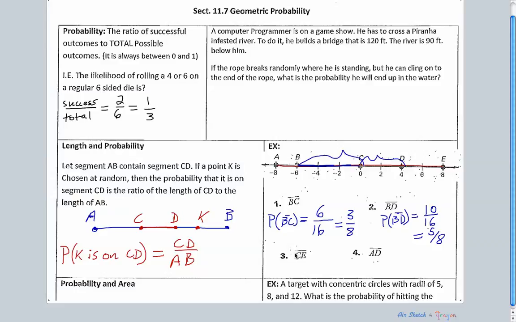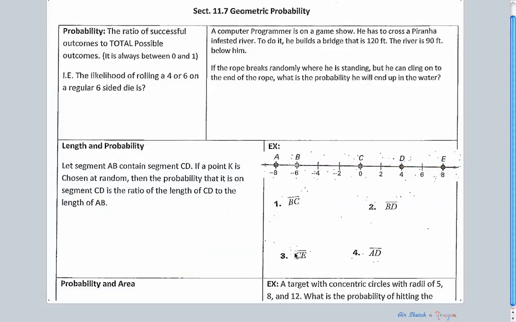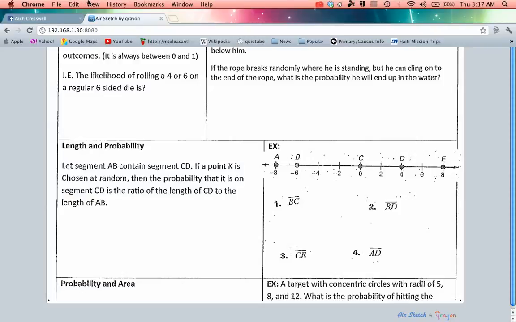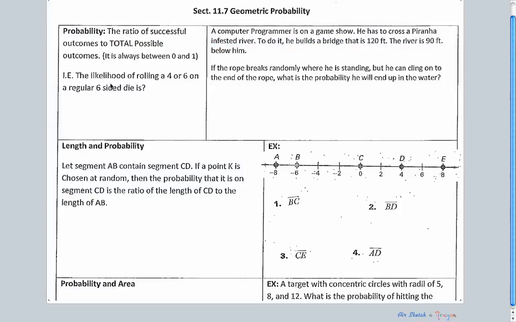The cat is laying on the iPad. Okay. Probability and area. Now, oh, hold on. There. Okay. Probability and area. Wait. Okay. Let's see. What's the deal here?